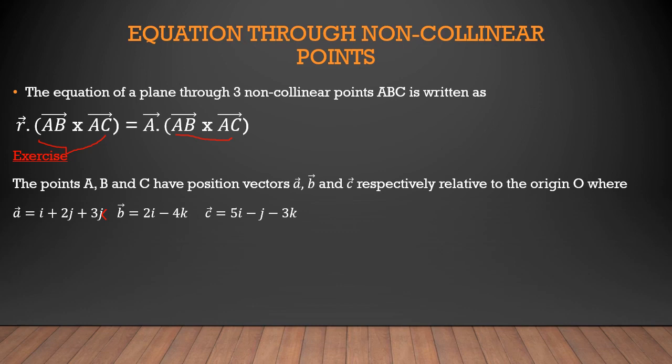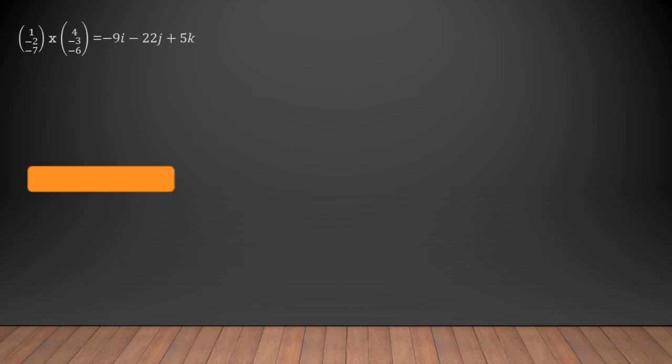Since there are 3 points here, I'm supposed to firstly find their normal, the vector perpendicular to them, so I'll have to find their cross product. That means I'm going to take AB cross AC. Taking AB cross AC, I'll simply have negative 9i minus 22j plus 5k.